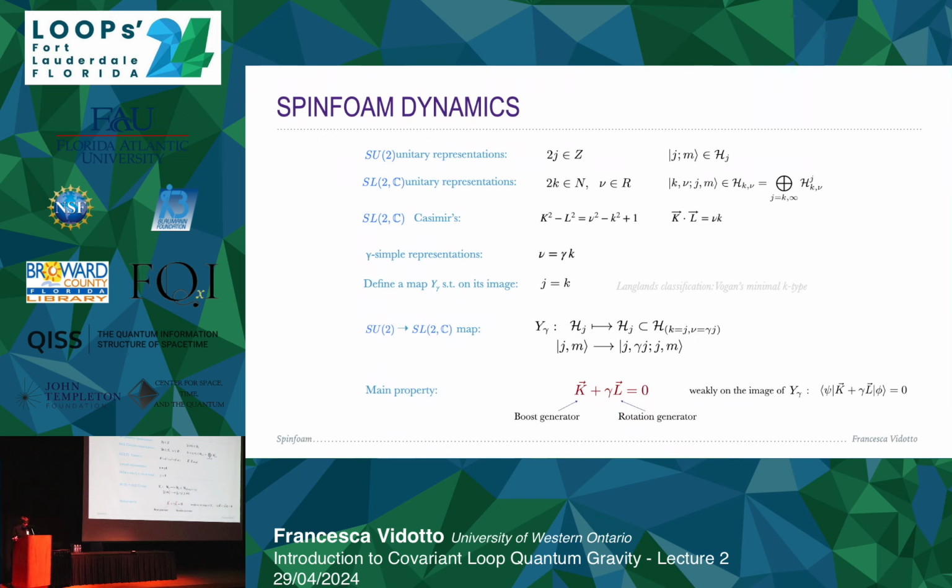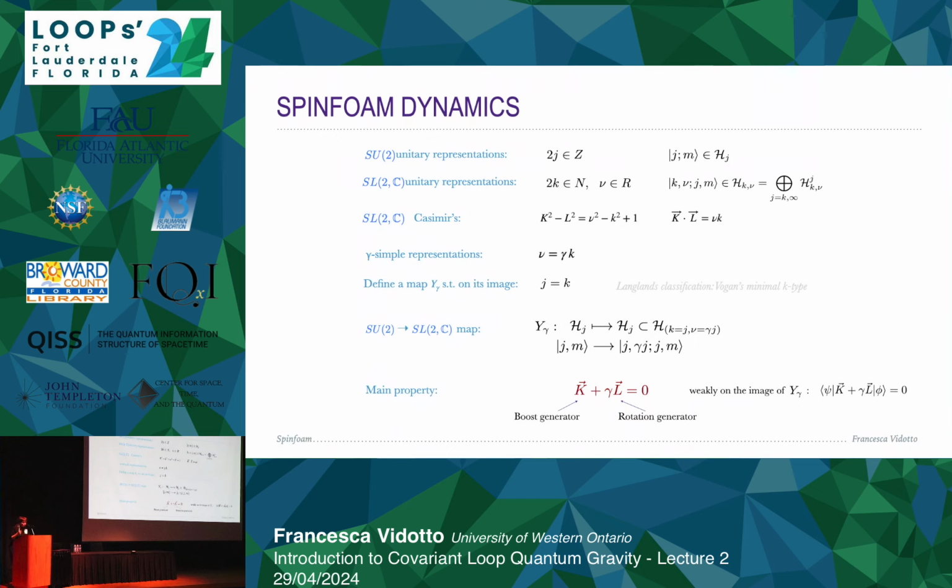how it works. So these representations are labeled by two numbers, as opposed to the fact that my SU2 representations are labeled just by the spin, and then I have associated the magnetic number. But basically, when I write the representation, it's just one thing.